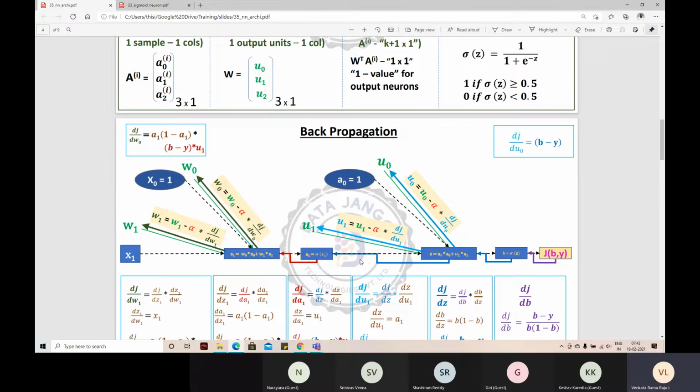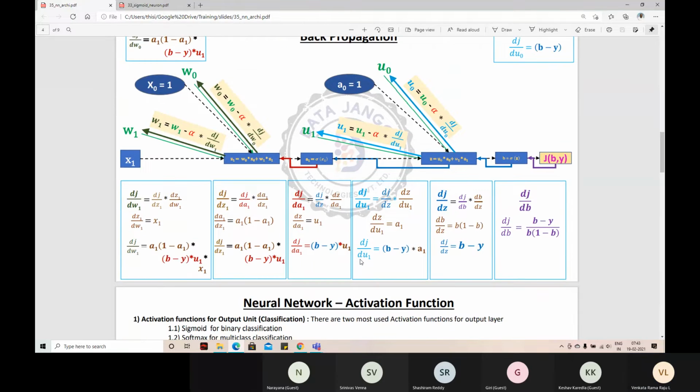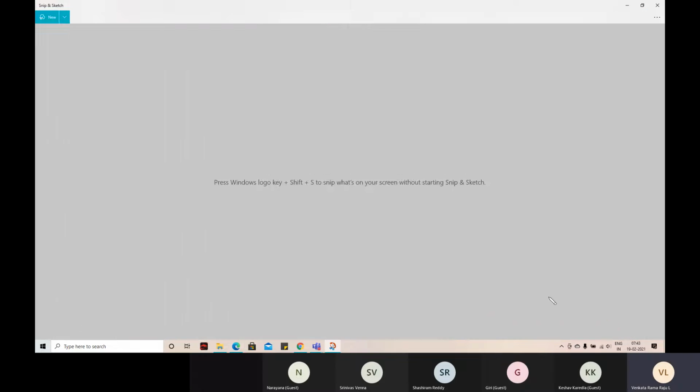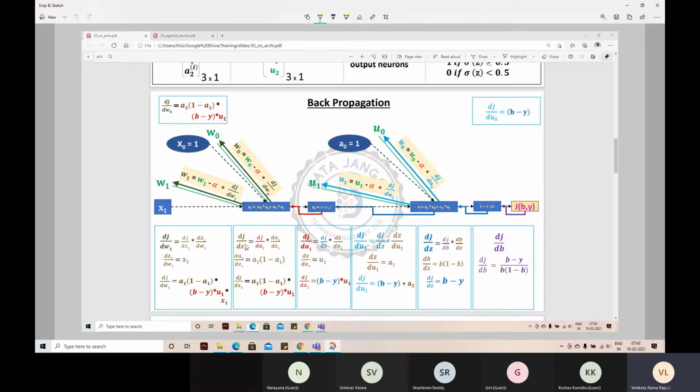Give me 1 second. Here this network is like this. Let me try to draw this here. X1, input layer. X0, this is the input layer.